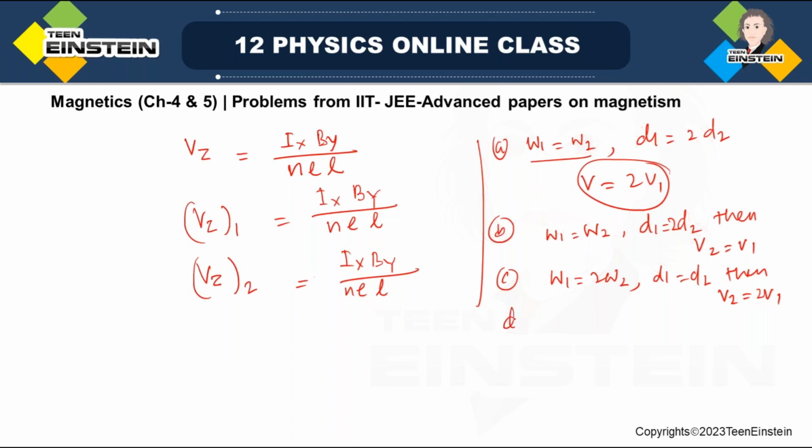And option D says if W1 is equal to 2W2, D1 is equal to D2, then V2 is equal to V1. So these are the options we have. We need to actually find out what is true.